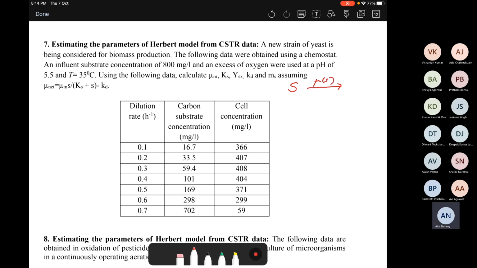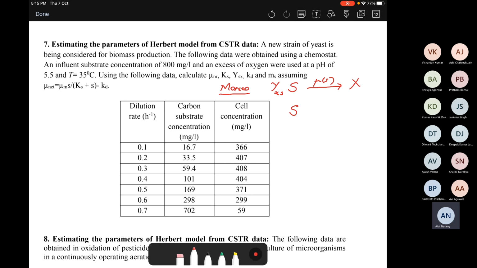This is the Monod model, that the substrate consumed is directly proportional to the amount of biomass that you are making. Then in class we discussed that because its predictions are not consistent with what one observes in experiments, Pirt said, no, there is not a single reaction.